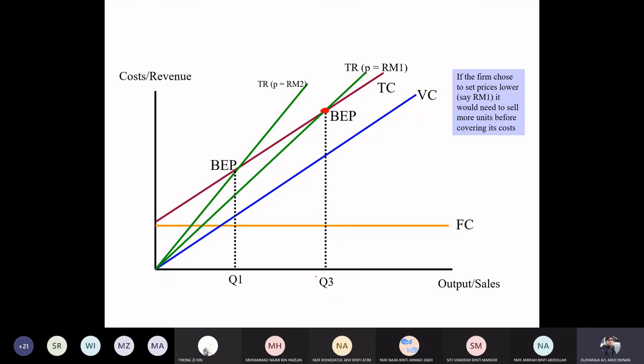Eventually it will take time to see a profit, because your profit will be moved away to Q3. So after you sell Q3 number of products, only then can you see the profit.